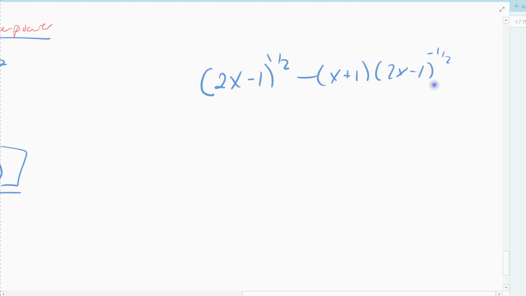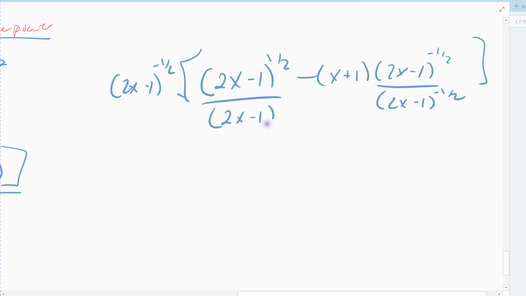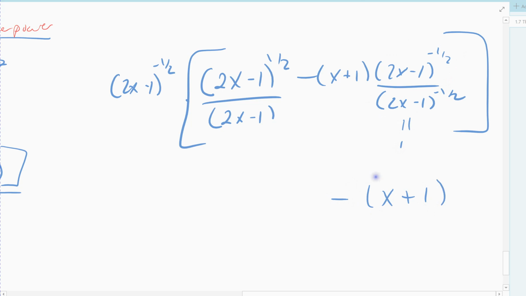So when I pull this out front and I factor it out, we call it factoring, but what you're doing is dividing it out. So I divide this out by 2x minus 1, which is why it's gone. And I divide this by 2x minus 1. Right, that's what we're doing inside the brackets. And so that's why this reduces to 1. That's gone, right? If I divide by the same expression, that equals 1. That's why I'm left with just an x plus 1 there.